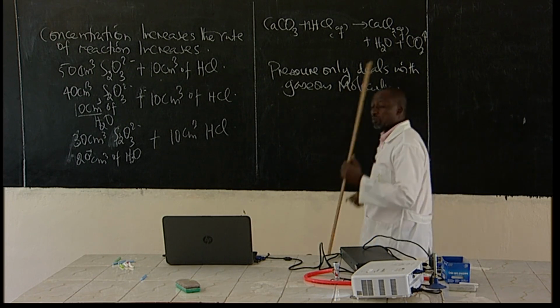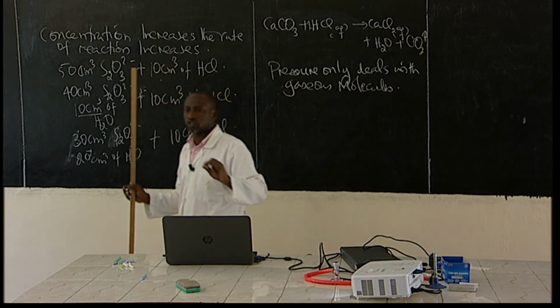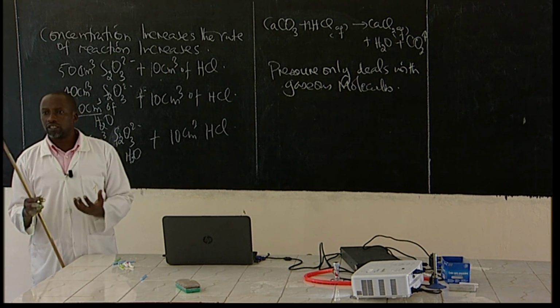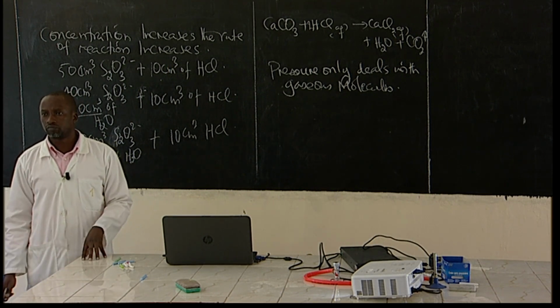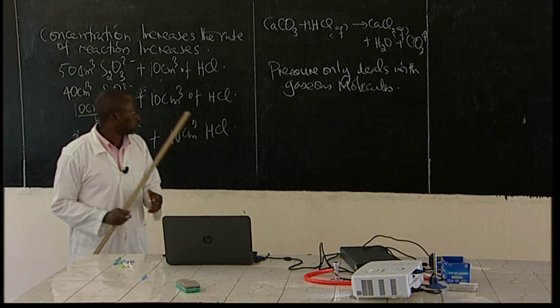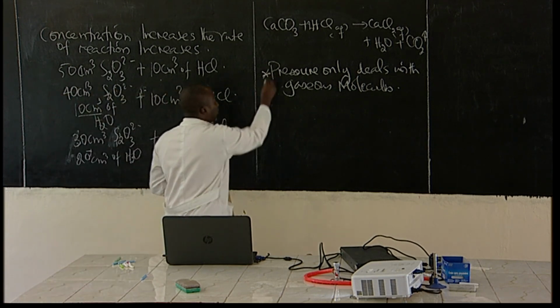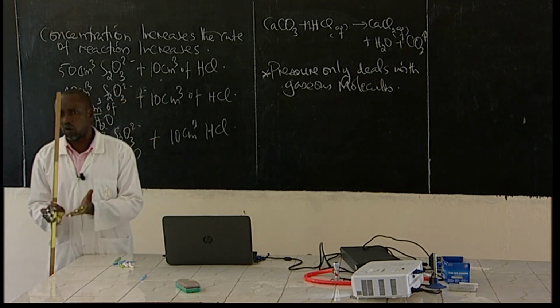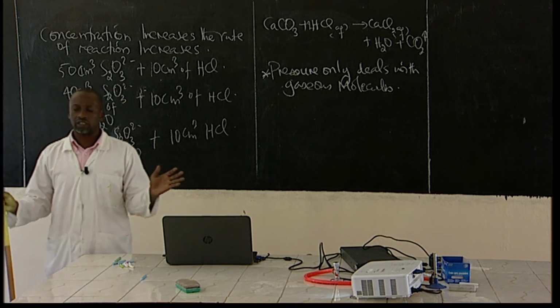So when we talk about pressure, think of the reactions that contain gaseous molecules. The reacting particles are in gaseous form. Why are we talking about only pressure? Remember, solids and liquids are incompressible, so they are not affected by pressure.